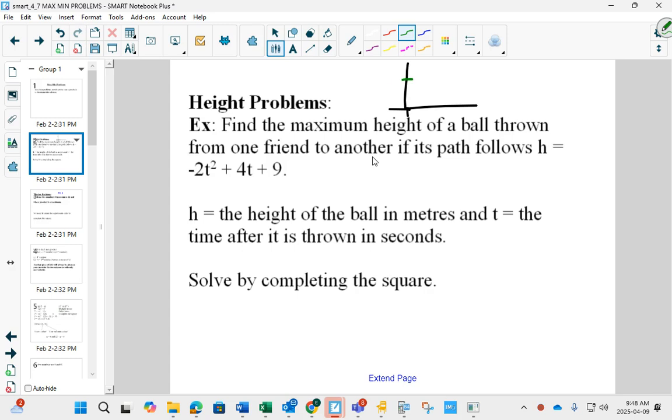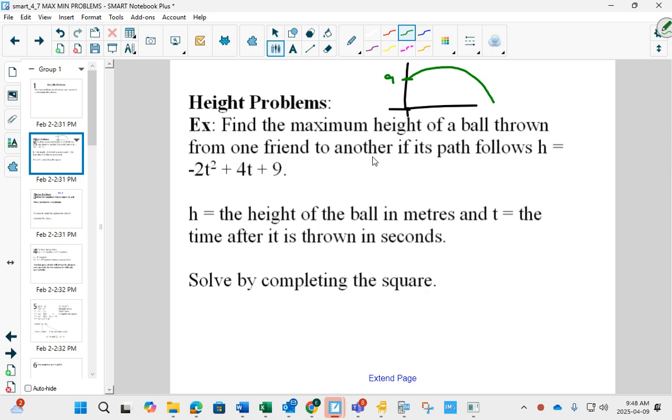Okay, I like this question a little bit because it's a little bit unrealistic. They must be on top of a building or something, because at time 0, can you see that the y-intercept is 9 meters? Can you see that this is a parabola that opens down? So this is probably what's happening to the ball. We already know that because we've analyzed equations before.